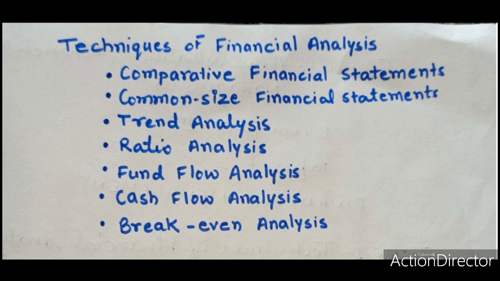In financial statements, the balance sheet shows assets, liabilities, and equity of the firm at a certain moment of time. The profit and loss account depicts operating results over a period of time. Both these financial statements do not depict the flow of funds and changes in the items of assets and liabilities between two dates.